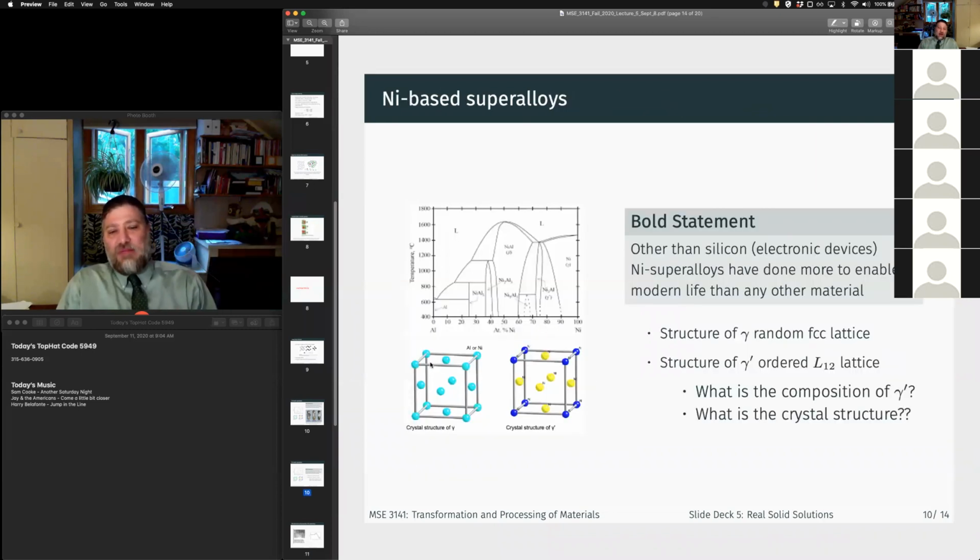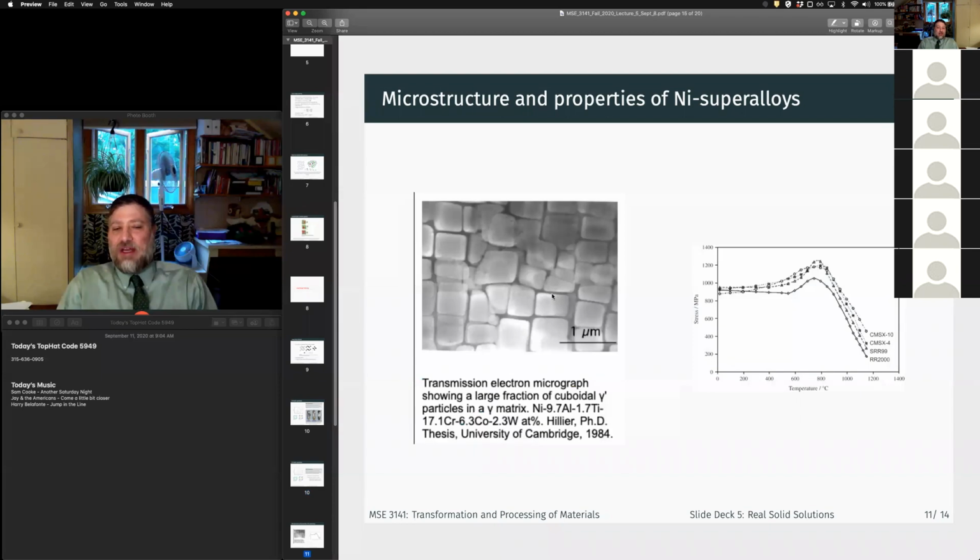They match up better, right? If I stack this face against this, the top face of the gamma against the bottom face of the gamma prime, there's much less distortion than if I did some other interface, right? And so having the cuboidal shape allows me to have a coherent interface all the way around, or semi-coherent interface, and it reduces the energy.